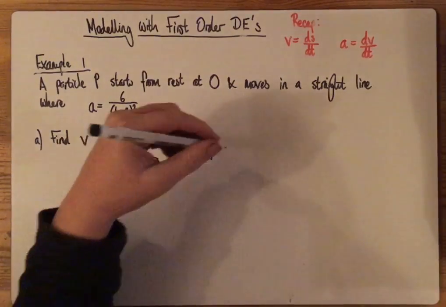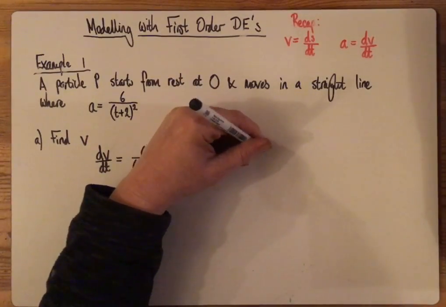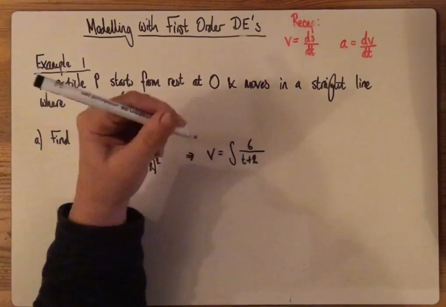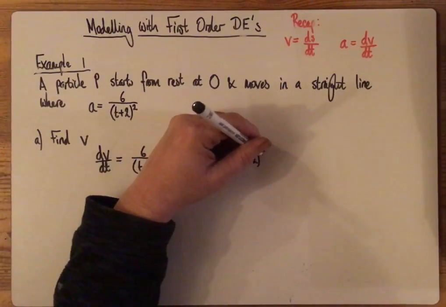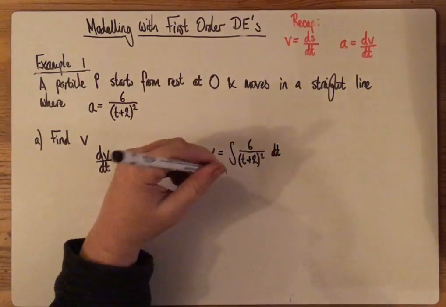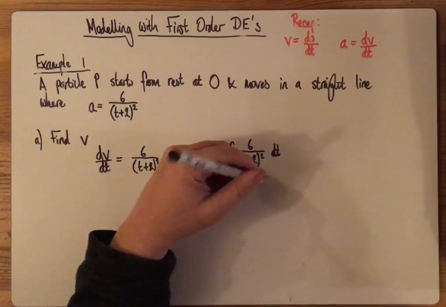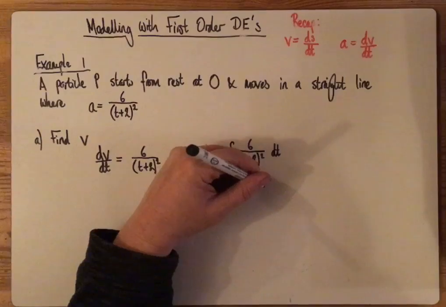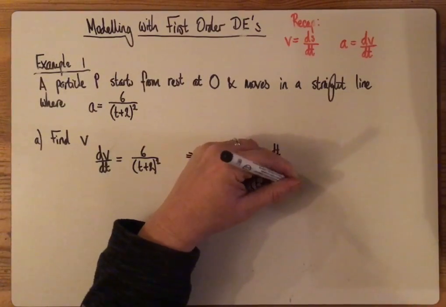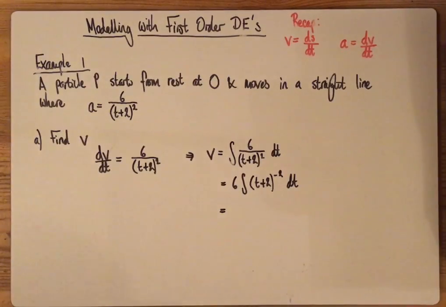So v is literally the integral of 6 over (t plus 2) squared dt. That's 6 lots of the integral of (t plus 2) to the minus 2 dt. Just because it's further maths, you don't have to overcomplicate it if you don't need to.